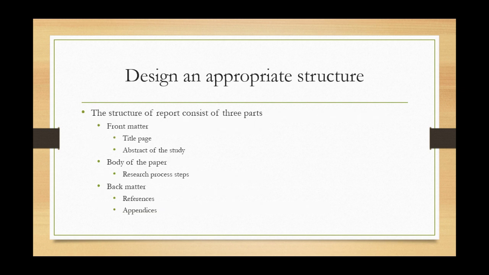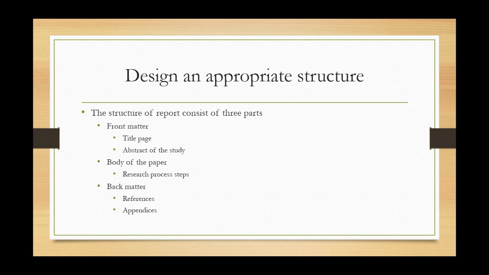Now, how do we design an appropriate structure? If we want to develop a quantitative research report, then the structure of a quantitative report consists of 3 parts: the front matter, the body of the paper, and the back matter. However, if you are dealing with qualitative research, it may vary considerably depending on the data that you gather from the qualitative study.